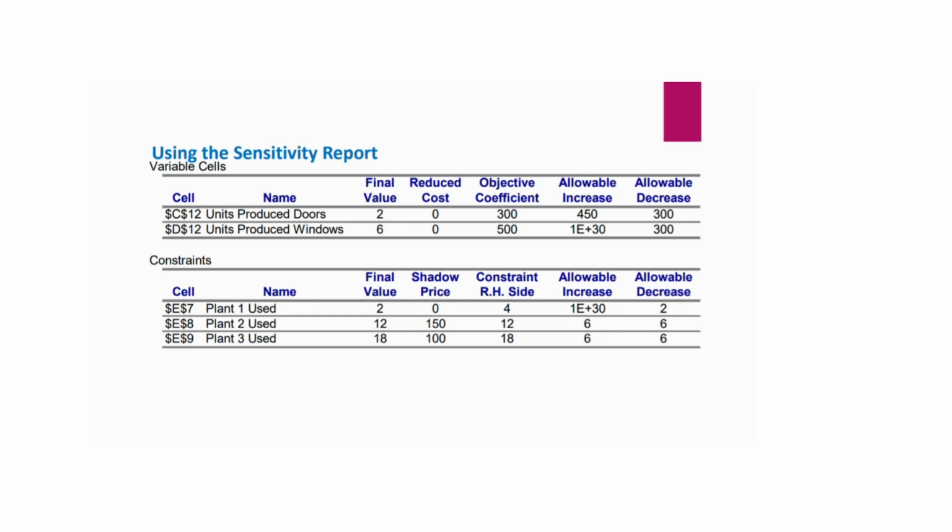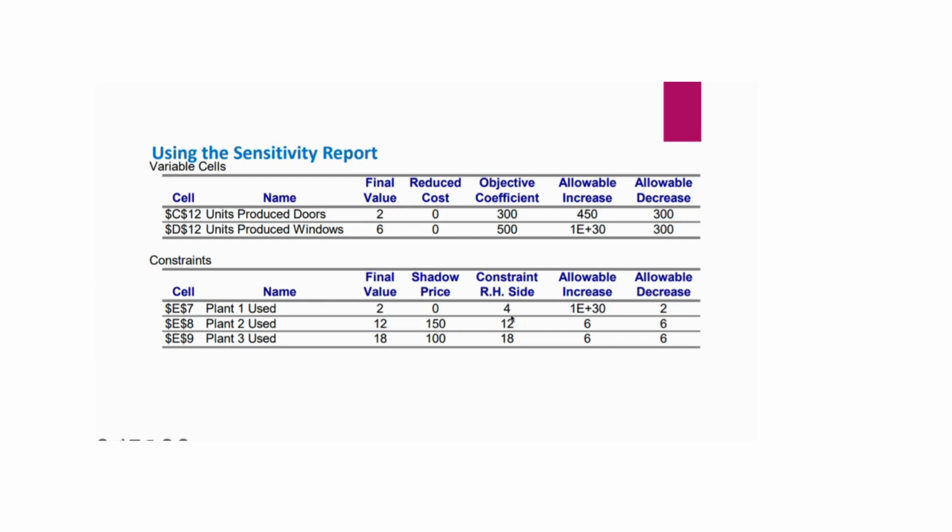Our table here shows that plant 1's 4 hours can be increased infinitely, and it can be decreased by 2 hours only to maintain the shadow price at 0.